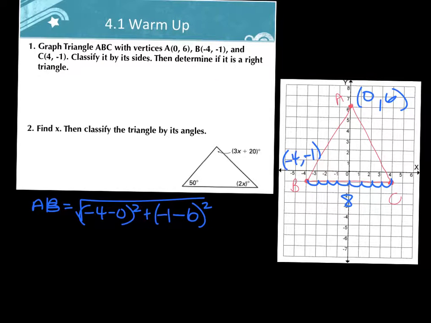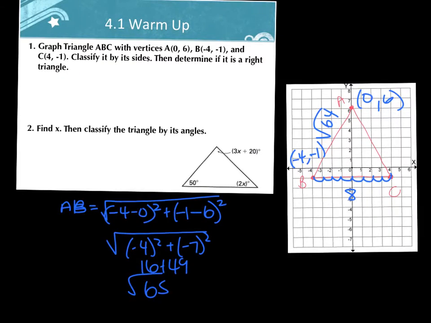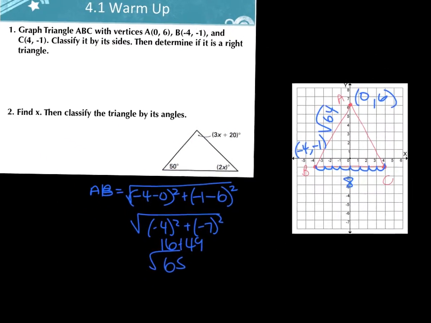So the B's were first in both. This is -4 squared plus -7 squared, 16 plus 49, which is 65. So already you're ruling out that it's what kind of triangle? Good. Can't be equilateral, right? Because those two are not the same.